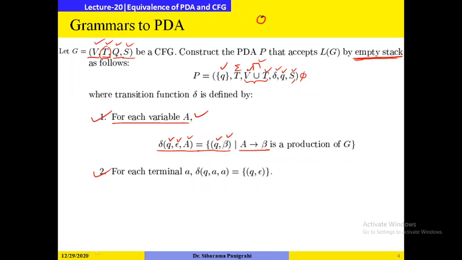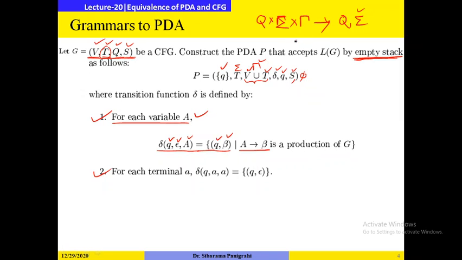Here it will take the state Q, then it will take the input, and it will look at the push-down symbol tau, and it will map to another state Q, and here it will push or pop a stack symbol. So the transition function of a PDA is in this form. So how will we convert the grammar to a push-down automaton?